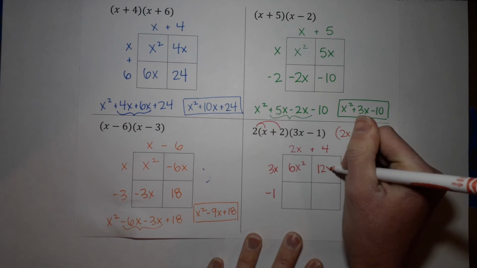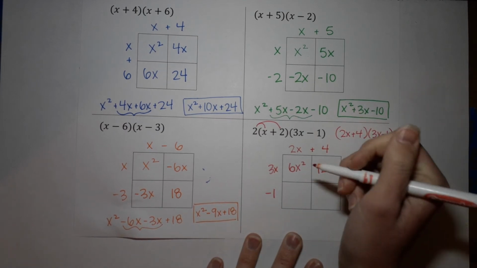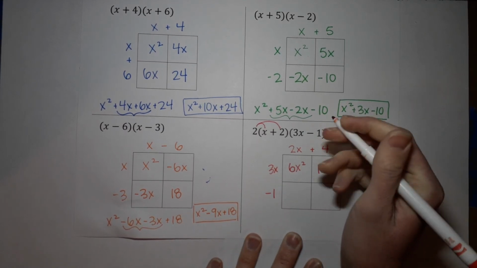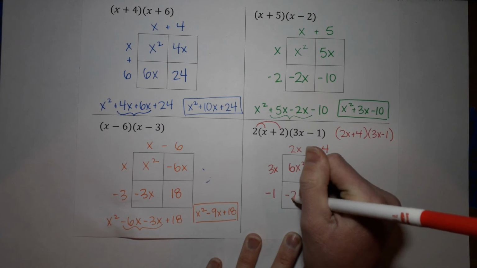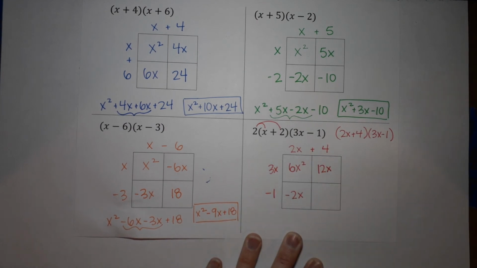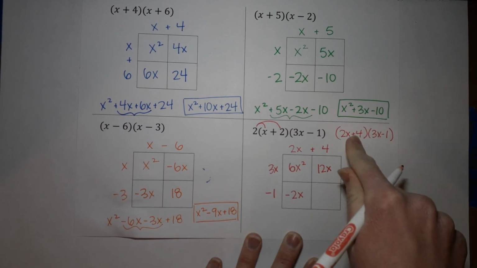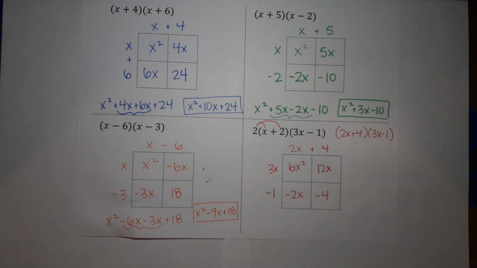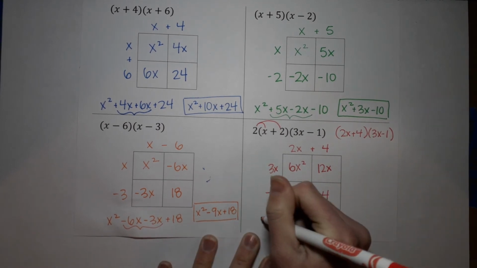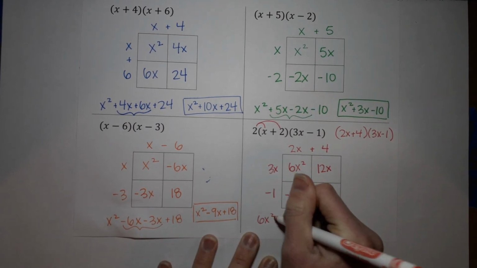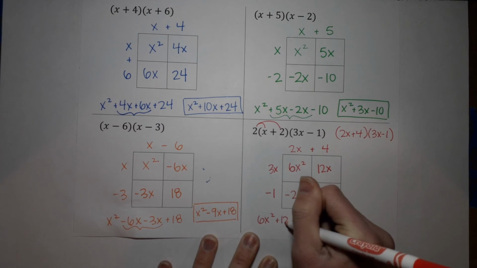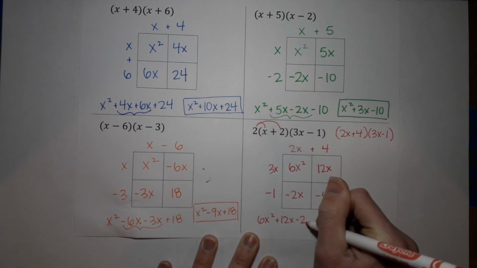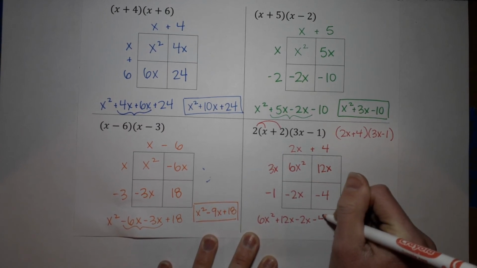And then I've still got that x. 2x times a negative 1 gives me negative 2x. Okay. And then we've got negative 1 times 4. Positive times a negative always gives me a negative. So negative 4. Okay. So we've got 6x squared plus 12x minus 2x minus 4.